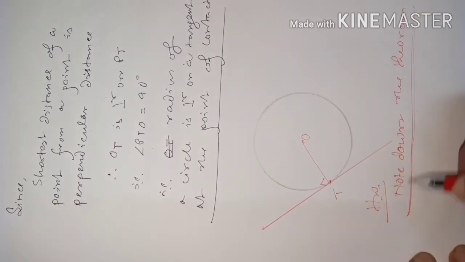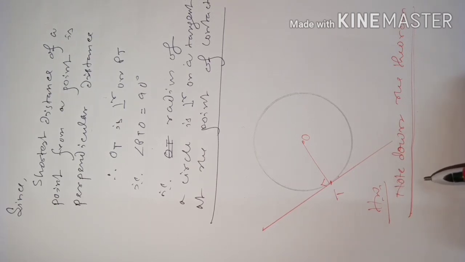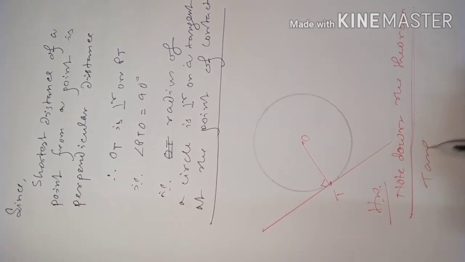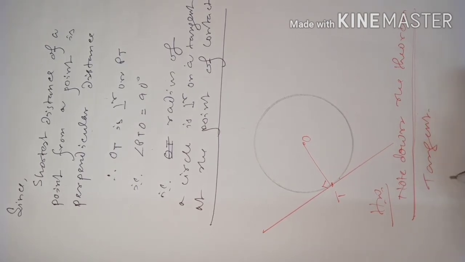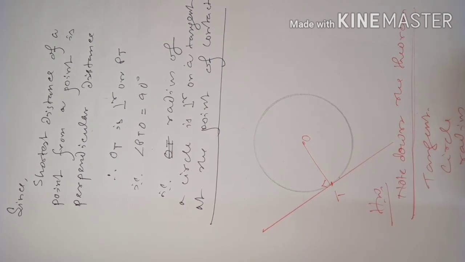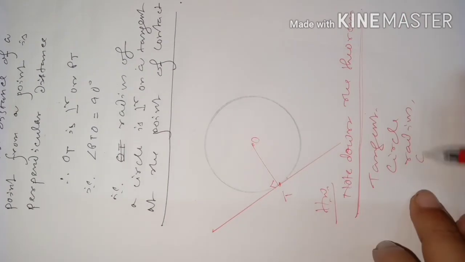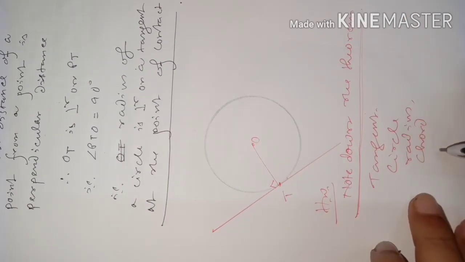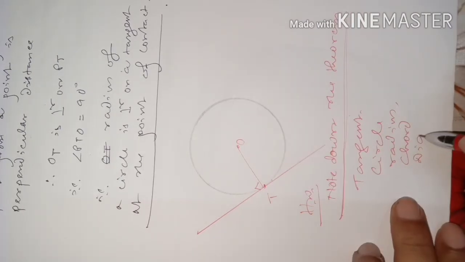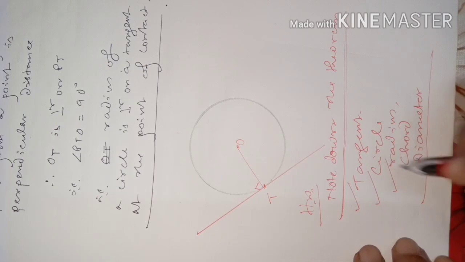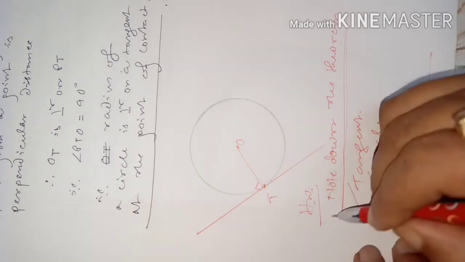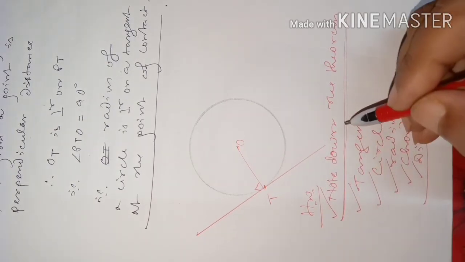Note down the theorem and also write the definitions that you heard in this topic, that is tangent's definition, then secant, all these definitions, and then circle, what is a circle, then also write the definition of radius, then write what is a chord. If you recall, in class 9 you got chord, diameter. These are your work today: tangent, circle, radius, chord, diameter, and note down the theorem.